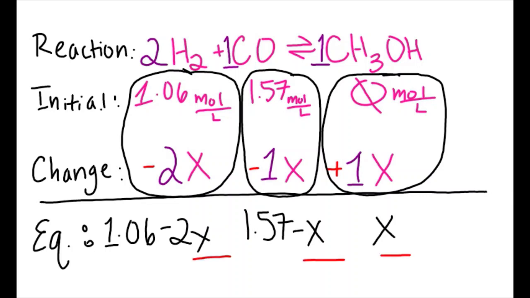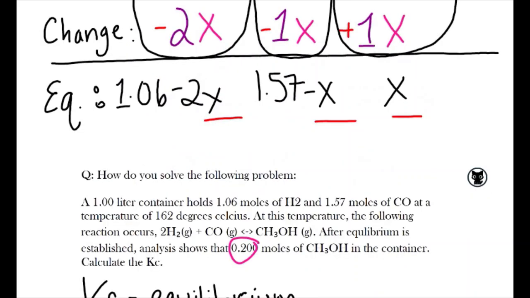Now, we cannot solve for the concentrations for any of our values of equilibrium because of this x. And without any equilibrium concentrations, we can't solve for our equilibrium constant. Luckily for us, the 0.200 moles of CH3OH is actually helpful.